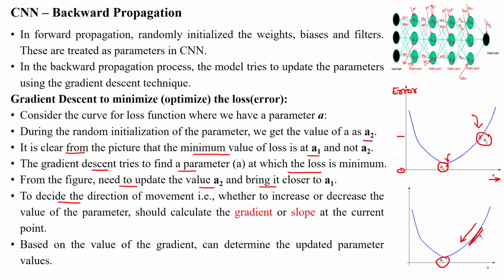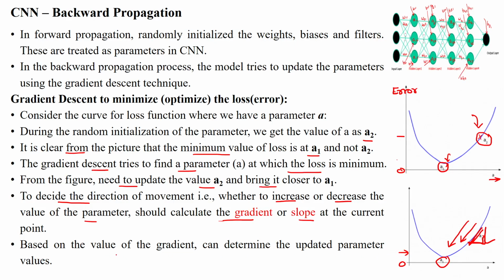Then to decide the direction of movement of a2 towards a1, we have to increase or decrease the value of this parameter by using the gradient or slope of the given parameter a2. So we have to find out the slope here. Then based upon that we have to decrease or increase the parameter value to bring that towards a1, which is close to the error 0.